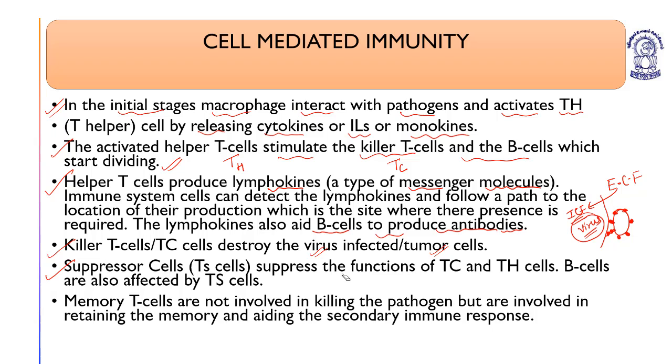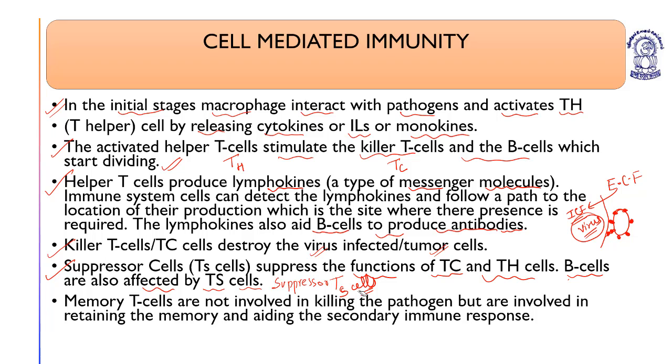T suppressor cells suppress the functions of cytotoxic T cells, meaning T suppressor cells help to regulate the activity of cytotoxic T cells and T helper cells. B cells are also affected by suppressor T cells. Memory T cells are not involved in the killing of the pathogen but are involved in retaining the memory and aiding the secondary immune response.